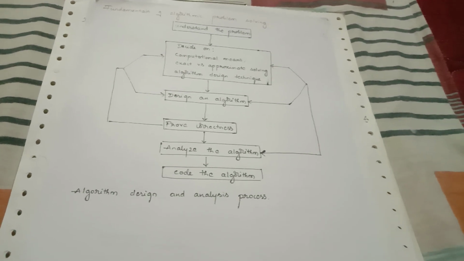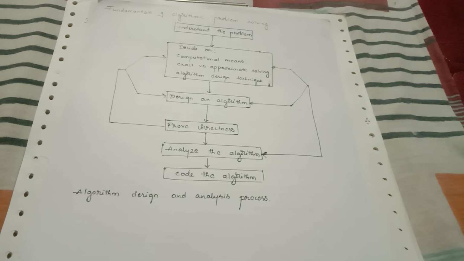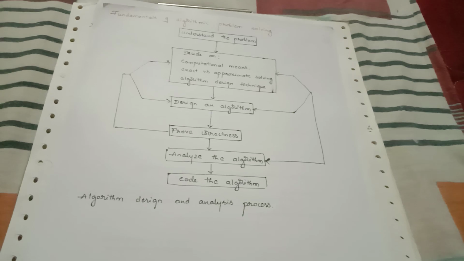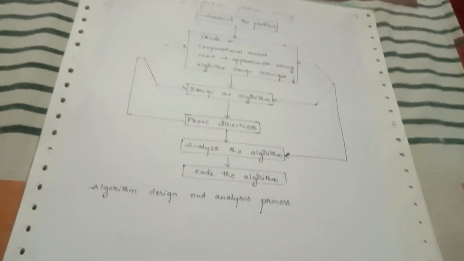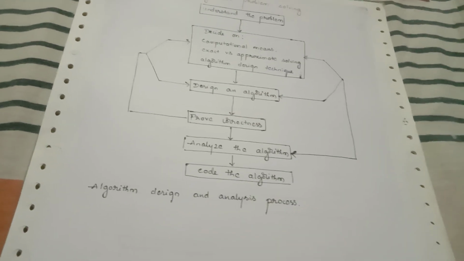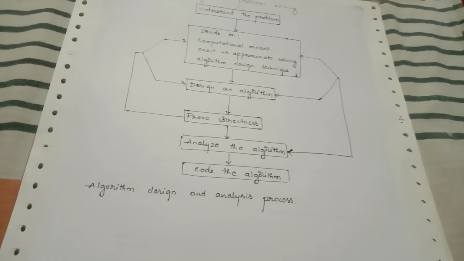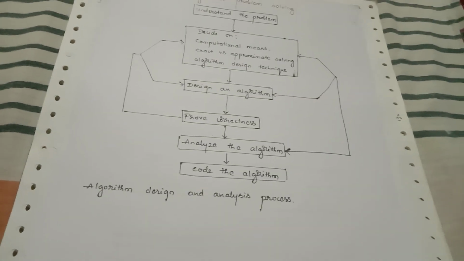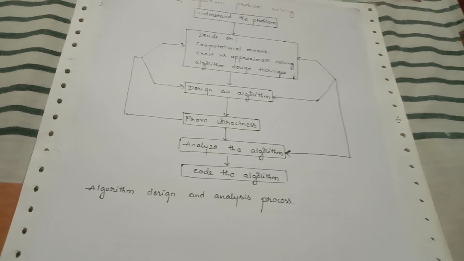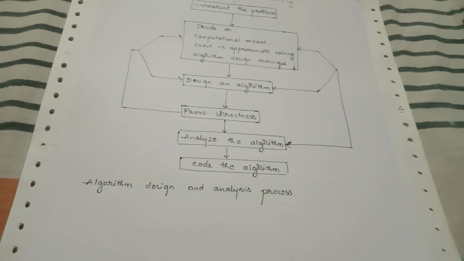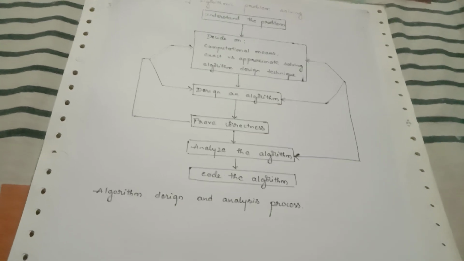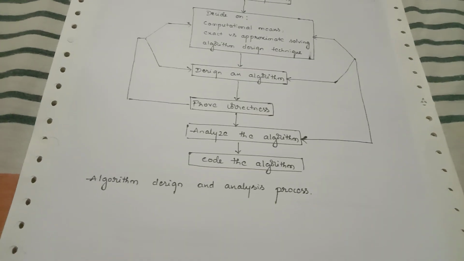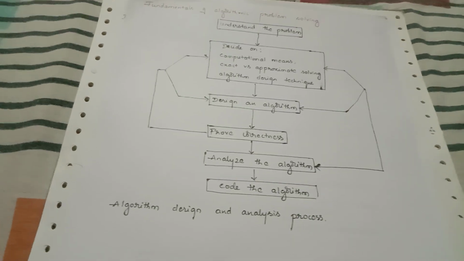The third is that an approximation algorithm can be a part of a more sophisticated algorithm that solves a problem exactly. So you need not bother only about getting exact values. Sometimes we need to get approximate values, and that is not a big issue.